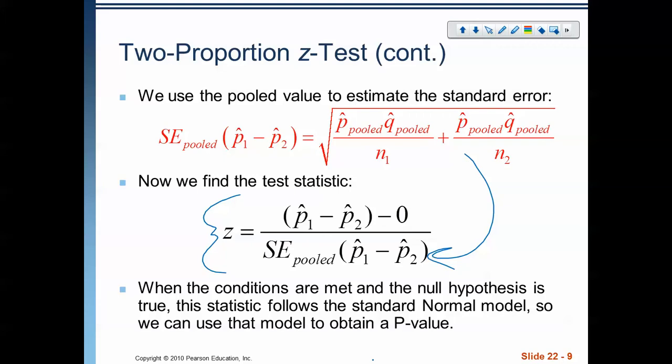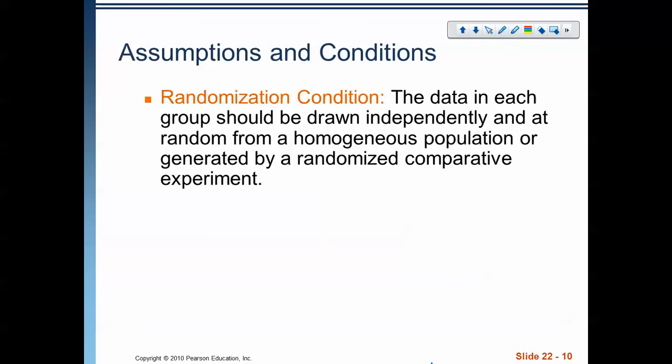So what are those conditions before we jump into the actual test? They're basically the same as the previous ones, right? We need randomization. The data in each group, and again, notice that this says each group, so that means for both P1 and P2, we need randomization, okay?